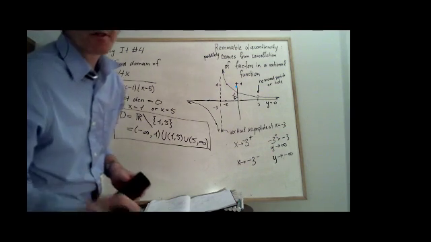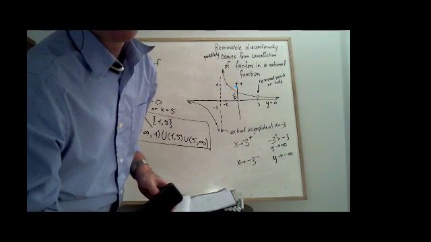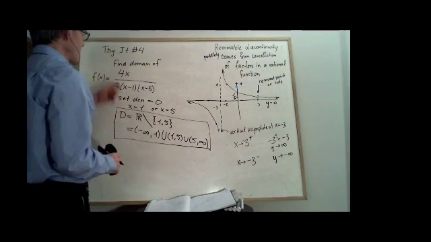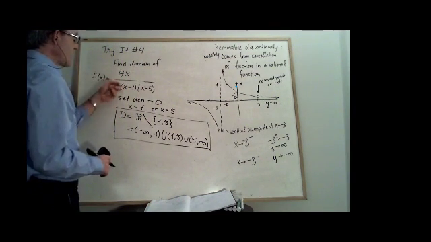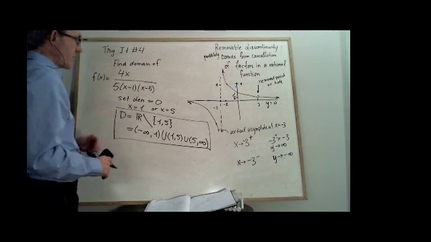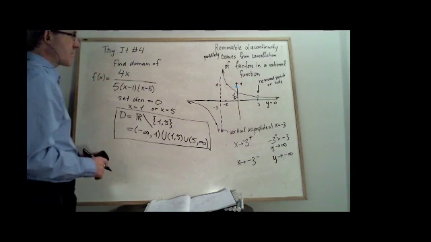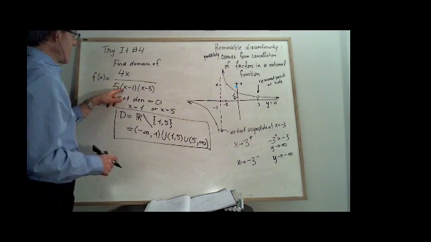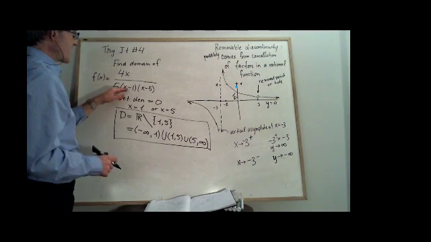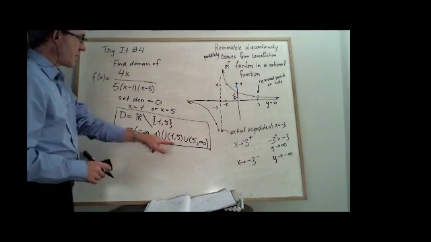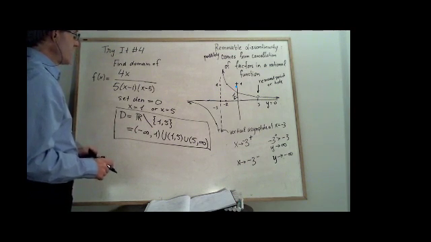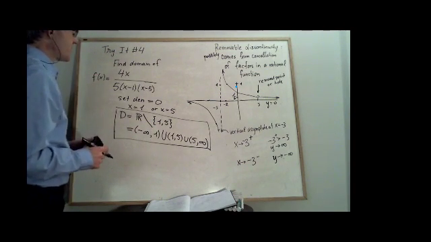Intercepts, x and y intercepts, the x-intercepts are the same as the zeros. Sometimes, not always, is there a y-intercept. Why? Because if x equals 0 is in the domain, which it will be here, it's right in this interval, then you will have a y-intercept.